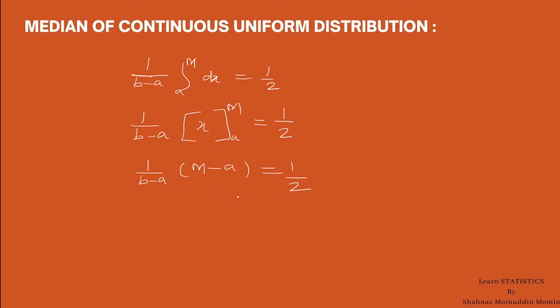This is the equation in M, median. We shall solve this equation to obtain the value of median, that is m. Therefore, multiply this factor 1 by b minus a to the right side, we get m minus a is equal to 1 upon 2 into b minus a.